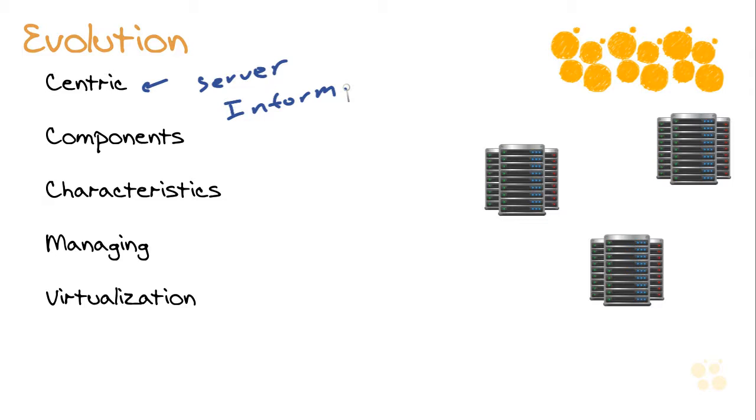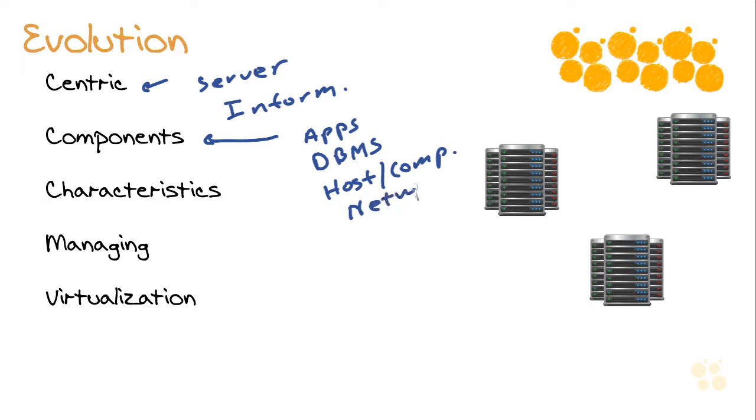Now, there's a lot of different components that make up our storage infrastructure. There's certainly the apps, there's the database management systems, there's the host or compute resources, there's the network resources, and then, of course, what we tend to focus on probably too much is the storage resources. So this might look like this.